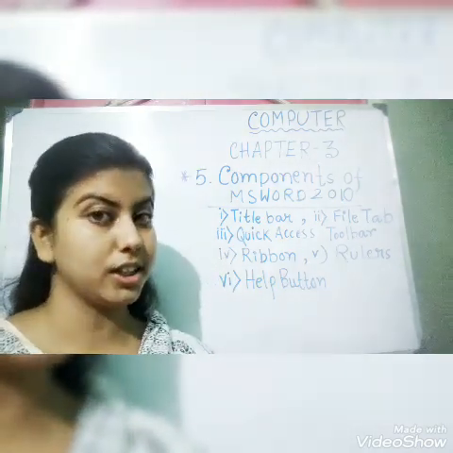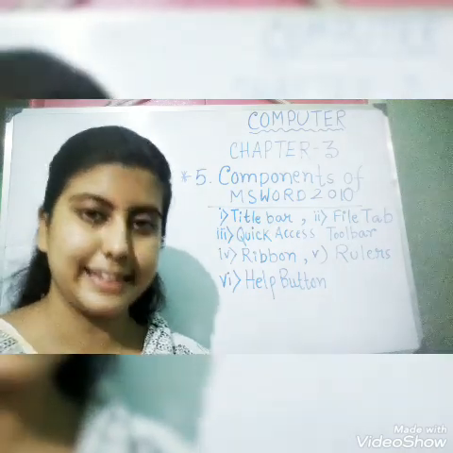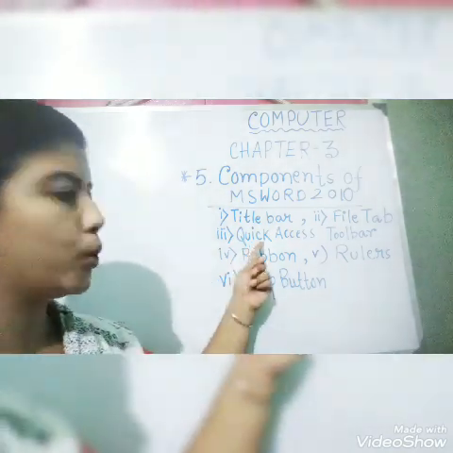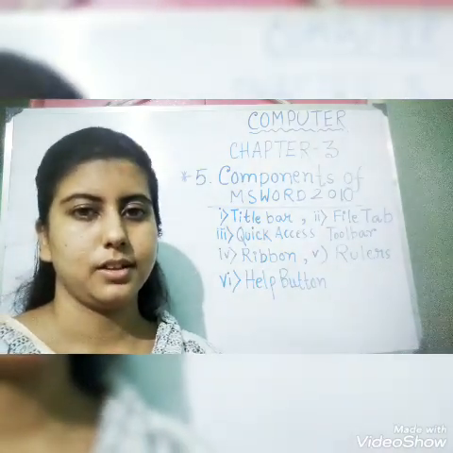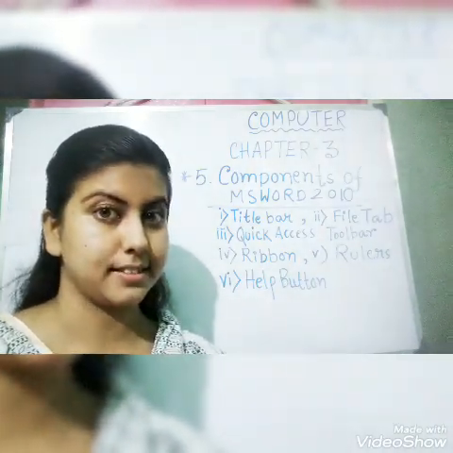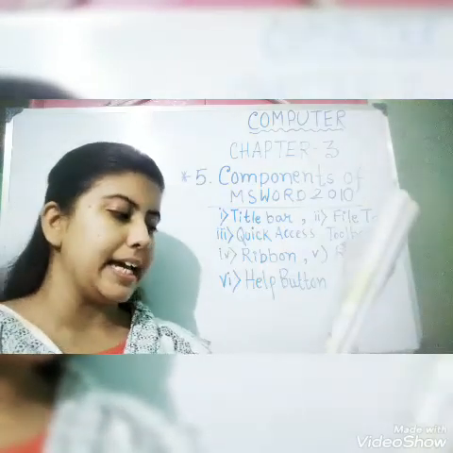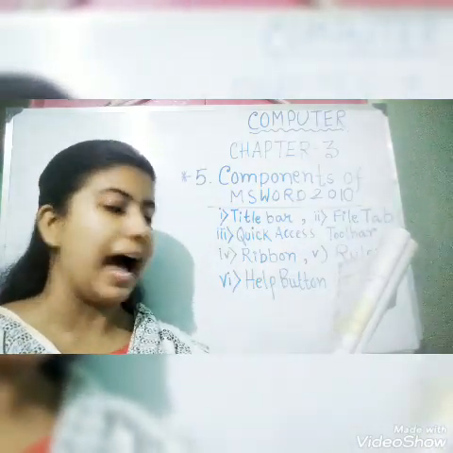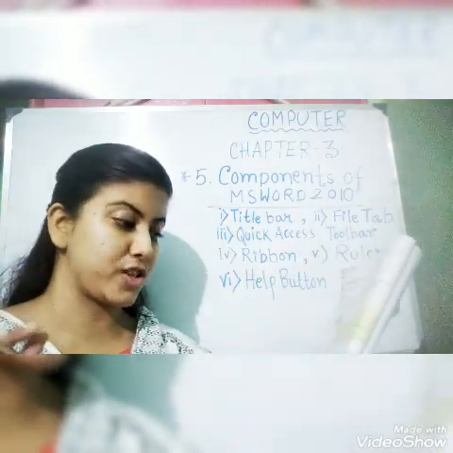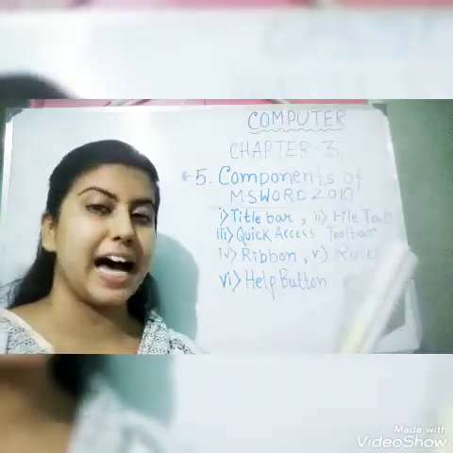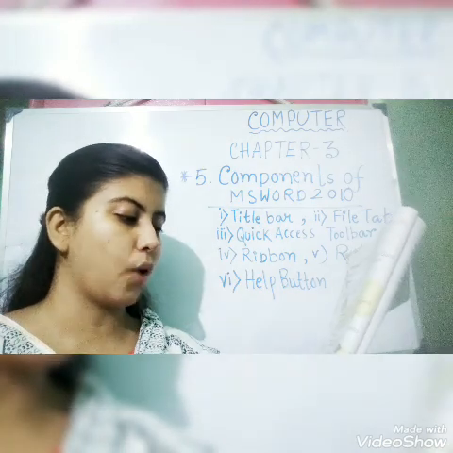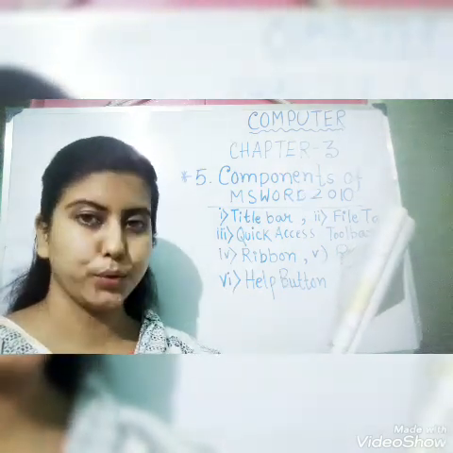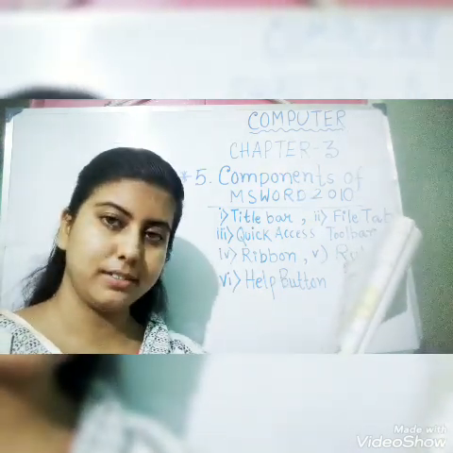Now, the third component, that is quick access toolbar. What is it? It is present at the top left corner of title bar. It shows the commands you use quite often.